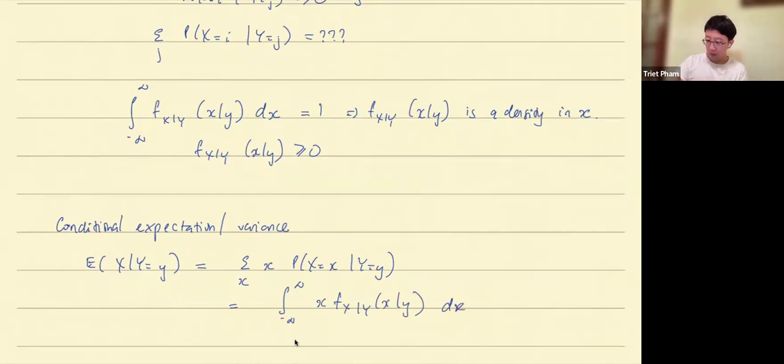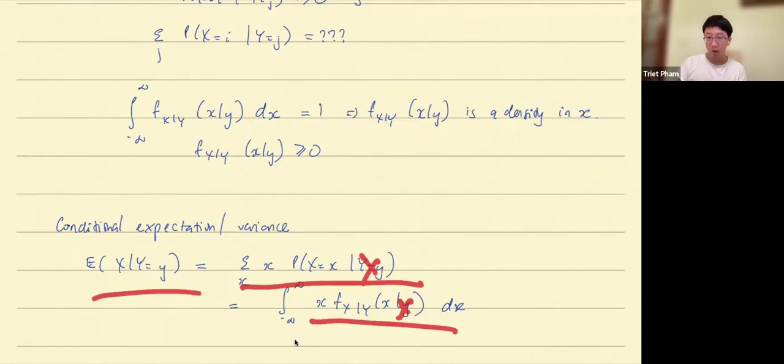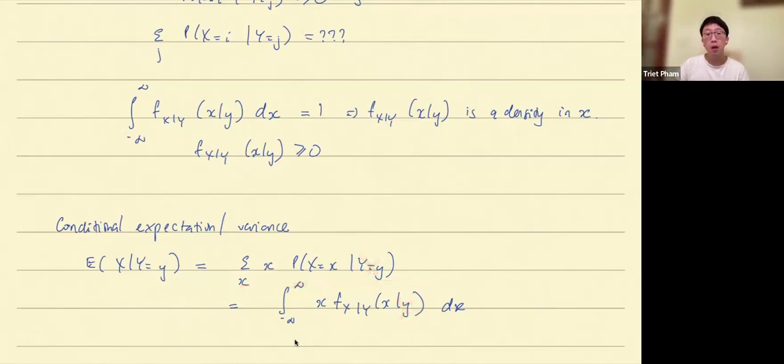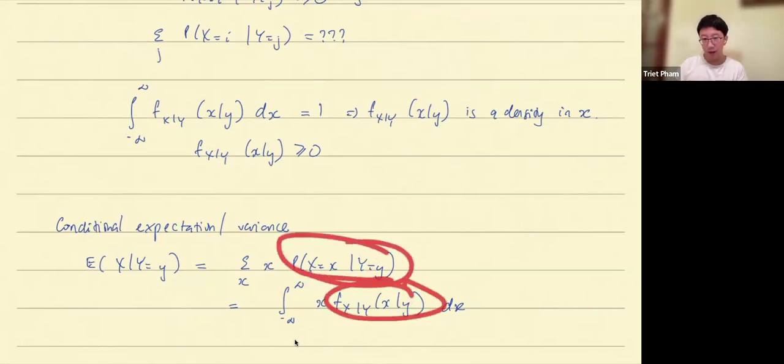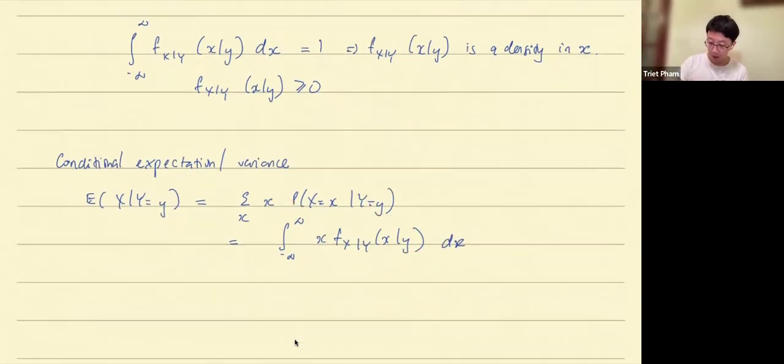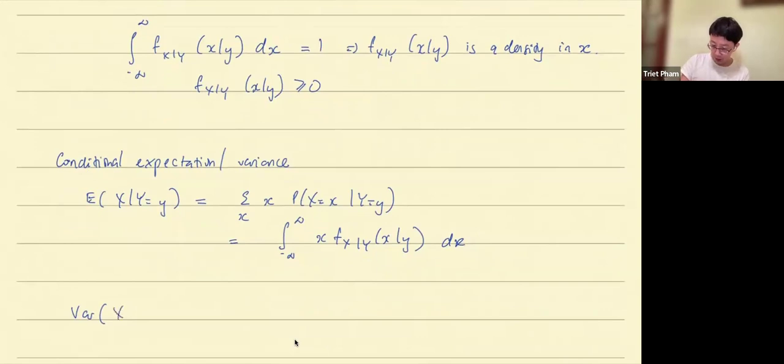So you see, if you cover this, then it's just really about the regular expectation formula. But that's exactly it: this should be looked at as a probability and as a density, period. And then the conditional variance will be the conditional expectation of the squared minus the square of the conditional expectation.